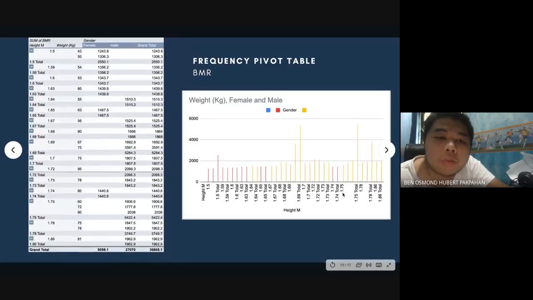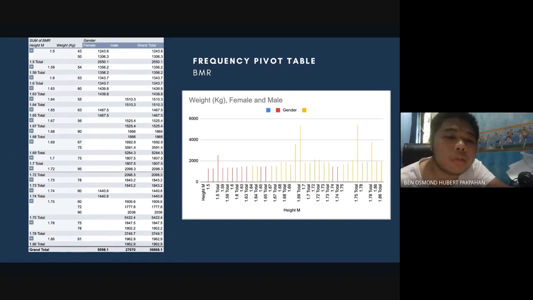Moving on to the BMR, it is also the same. There's height, weight, gender, and the total, and it is read the same way. For the height 1.5 meter, there are two data points, and so on until 1.69 meter, where there is only one data point. Then at 1.69 meter there are two data points again, weights 67 and 75.